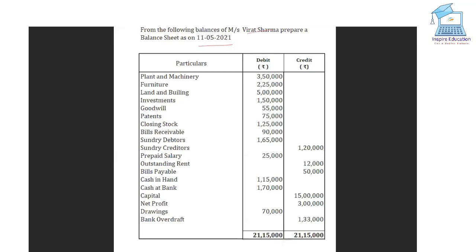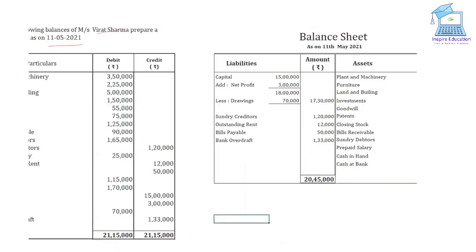See, this is the solution. We have written balance sheet as on the date mentioned, 11th May. All the debit balances will come in the asset side.